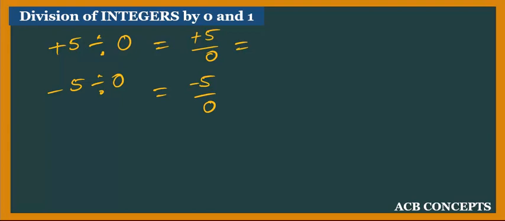If you observe, in the previous case the 0 is in the numerator, but in this case the 0 is in the denominator. Making a division with 0 is undefined. So no answer is there, undefined.